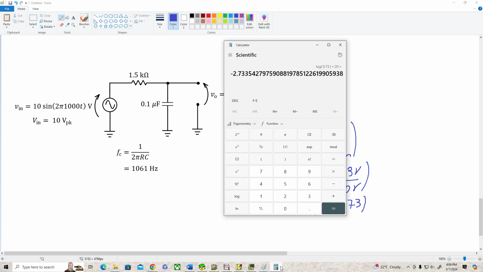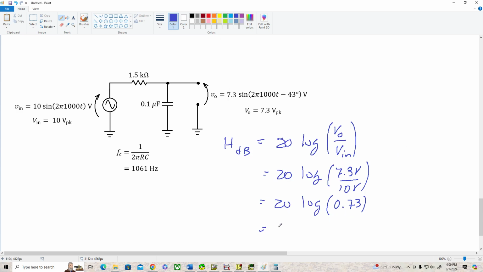And let's call up our calculator here, and we've got 0.73. We take the log base 10 times 20, and we've got a response or gain of about negative 2.73 dB. So the gain of this filter at 1 kilohertz is minus 2.73 decibels.